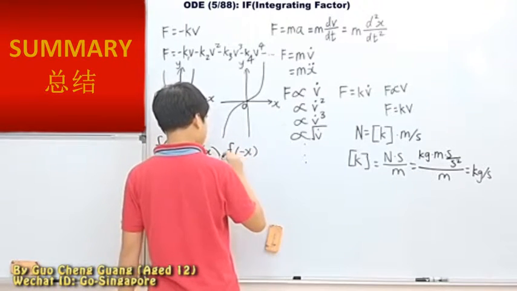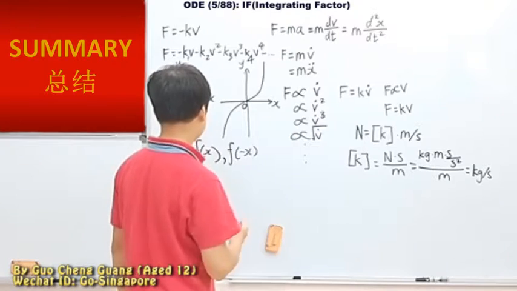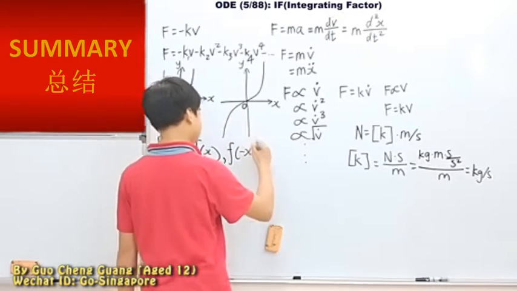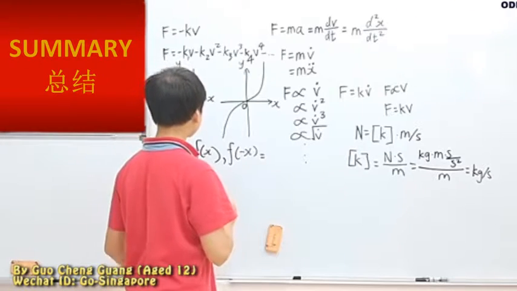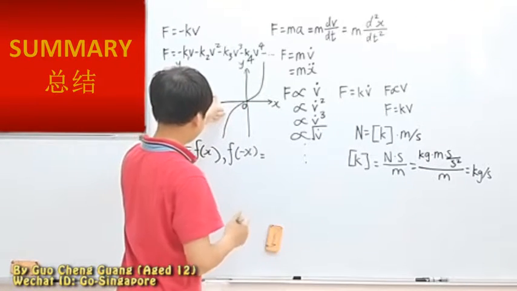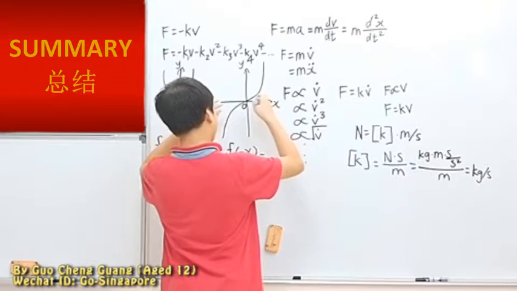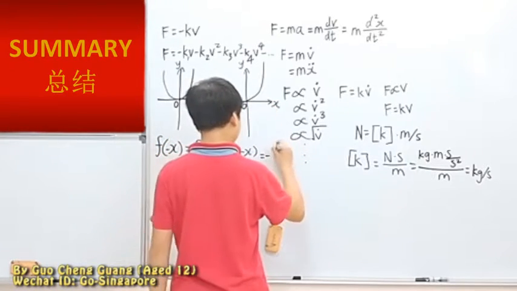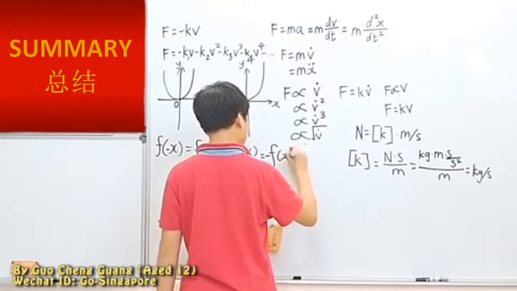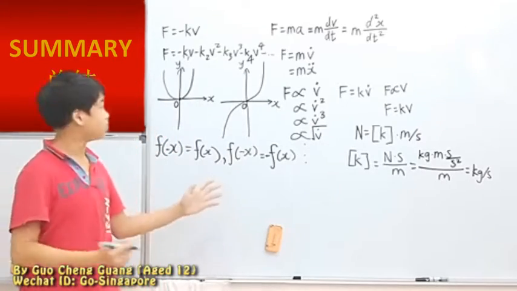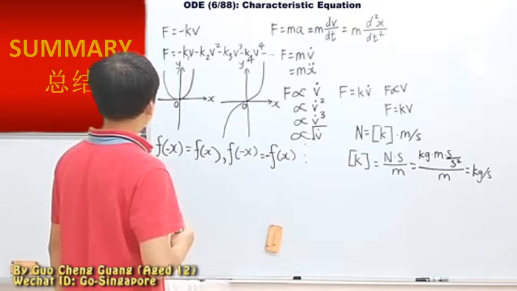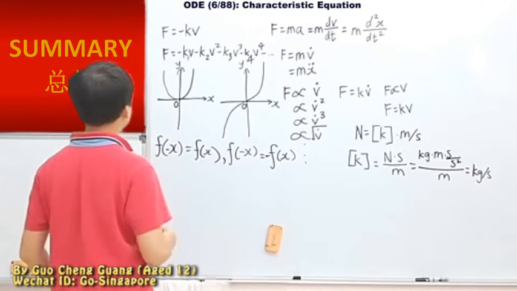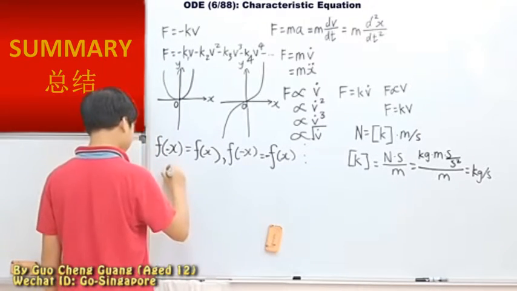What if it is f of negative x? What will this be equal to? You get a negative x here, but this is symmetrical about the origin, so it is actually equal to negative f of x, symmetrical like this. But what if we want to take something out of it?